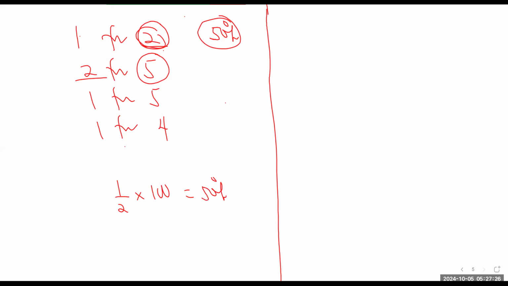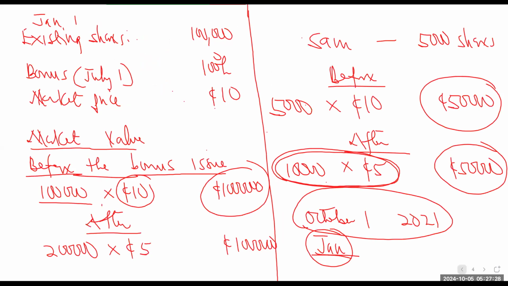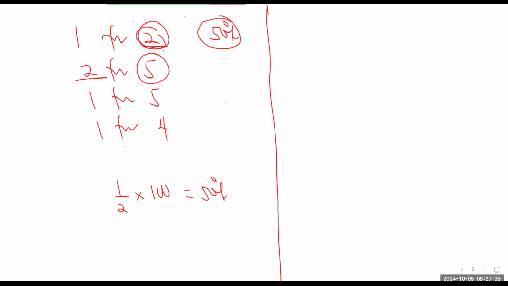Okay, let's come here. The first one we are doing a 100% issue, isn't it? 1 for 1. It means that our existing shares, which are already 100%, will now be increased, so we add 100% to it.